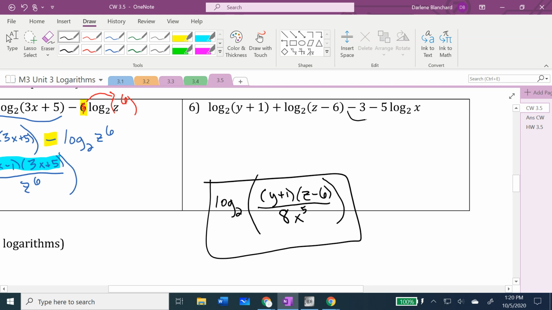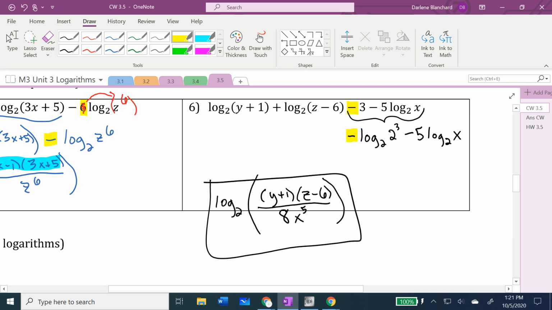So this entire piece was rewritten as subtracting log base 2 of 2 to the 3rd power and subtracting 5 log base 2 of x. What's very, very important for you to notice is this subtraction that came from here.